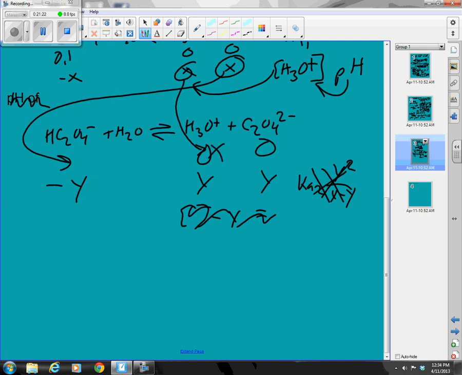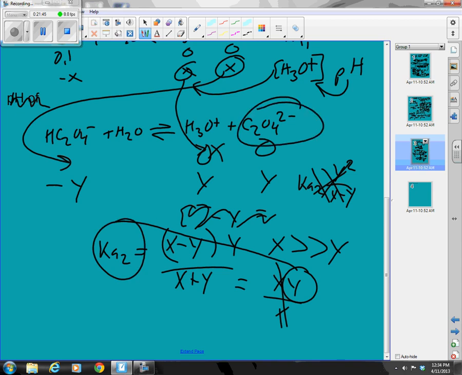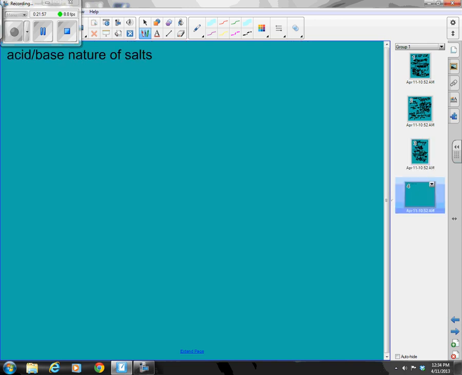So my Ka2 is equal to x plus y times y over x minus y. And we assume that x is much, much greater than y. So that means this ends up being xy over x. So that means y is equal to my Ka2. And what is y? The concentration of my oxalate. So that's the way we handle polyprotic acids. I hope I didn't confuse you too much.